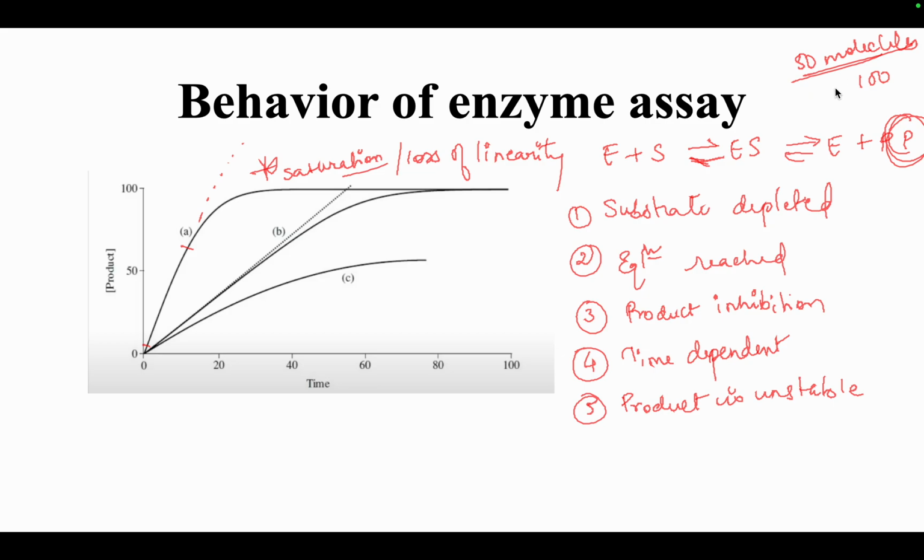These 50 molecules are not measured by our enzyme assay, and thus there is a loss in linearity. So these are the reasons the enzyme assay might reach saturation or lose linearity.